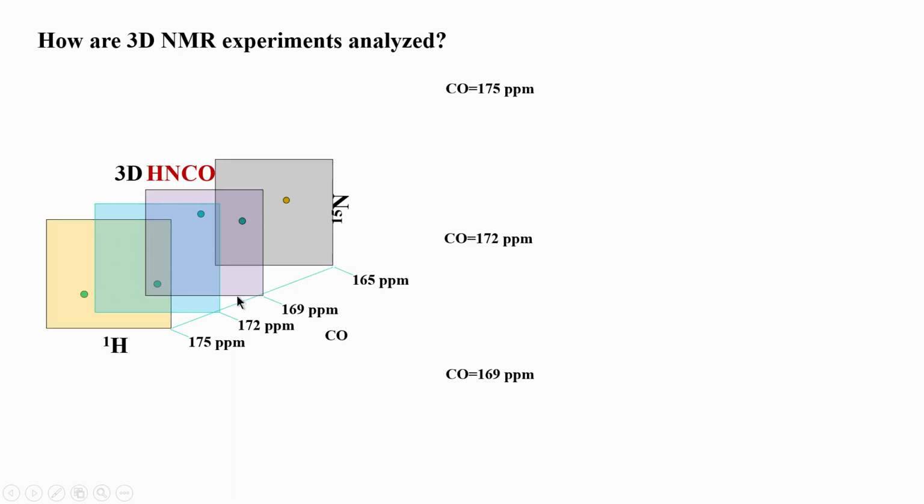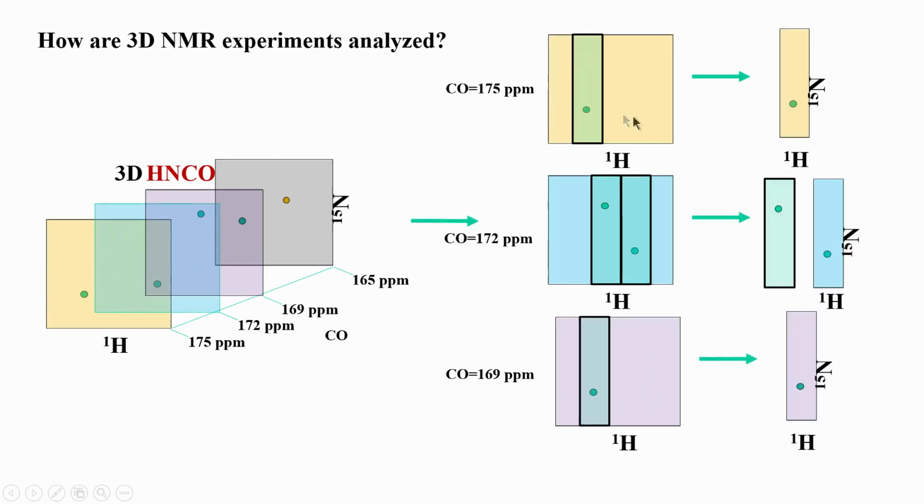Each slice here has a different chemical shift value, because we have separated these peaks according to the CO. Now, if you look at these different slices at different chemical shifts, for example 175, this yellow color slice, that will look like a plane, and in that plane you see there is a peak here, and around that peak I can cut out a strip, and this strip is shown here. You can see this strip now has nitrogen 15 in this axis, and in this axis is proton.